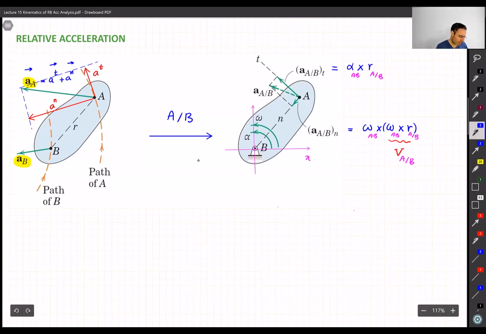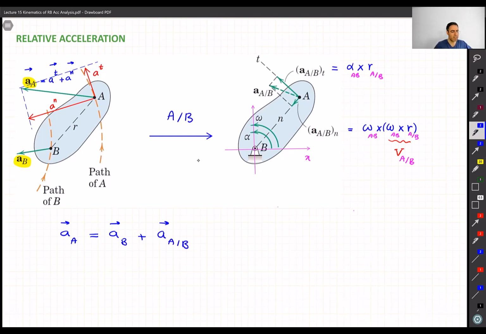And now, writing the acceleration relation, I'm going to write it down here. Similar to velocity, AA is equal to AB plus AA with respect to B. Right? Exactly similar to velocity. Nothing has changed.